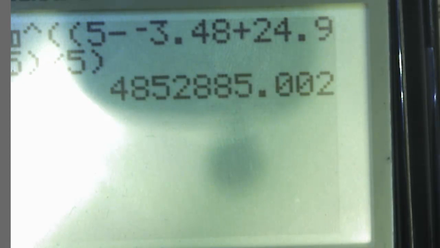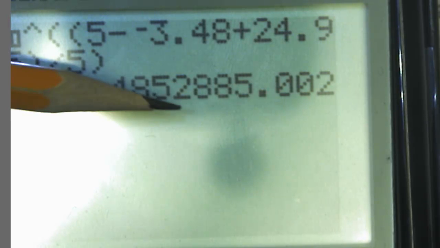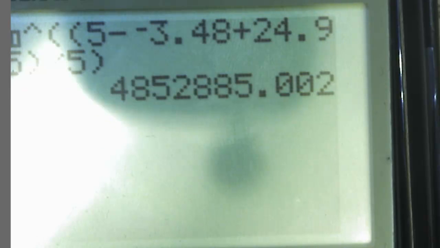And bring in the calculator here. Nice glare on there. Let's scoot it over. All right, so five minus negative 3.48 plus 24.95 divided by 5 gets me a grand total distance of 4,852,885 parsecs.